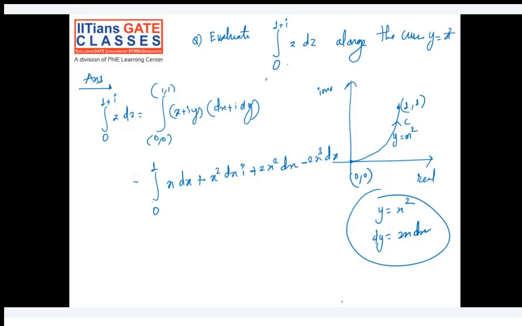So overall, the integration from 0 to 1 of x dx, plus anything you can take common.